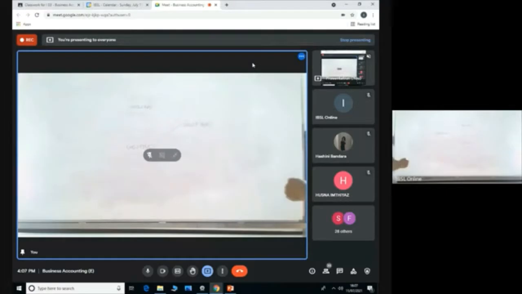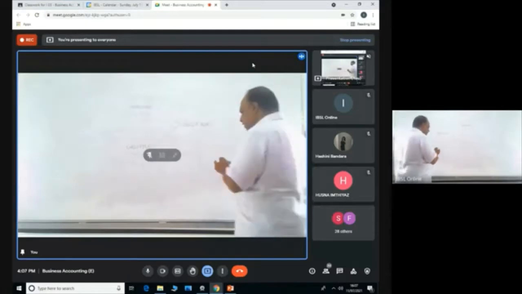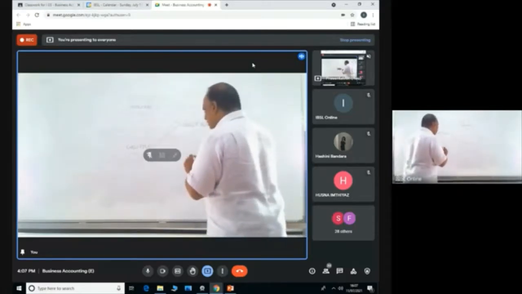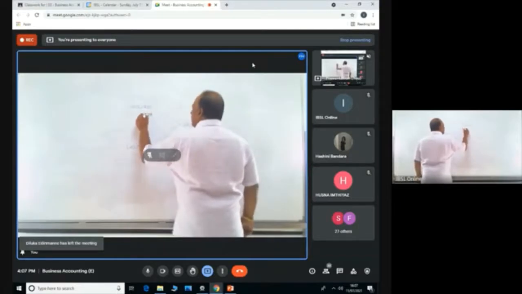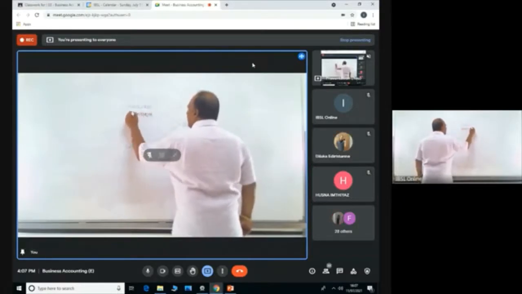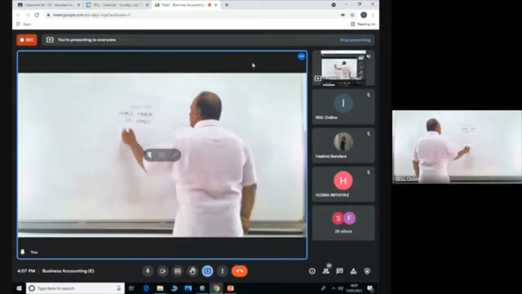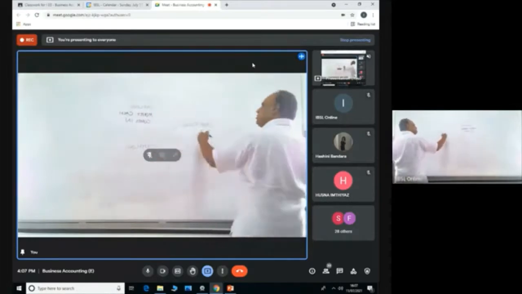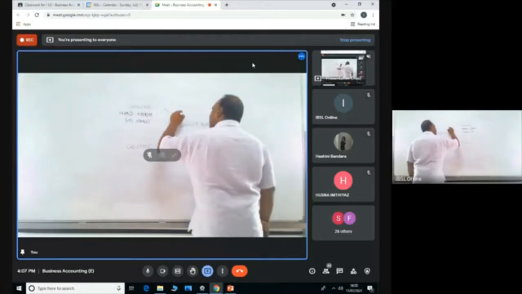So you get cash inflows and cash outflows. Now what do you mean by cash inflows? Cash inflows means the money or the cash that is coming into the business, right? So that is an inflow.